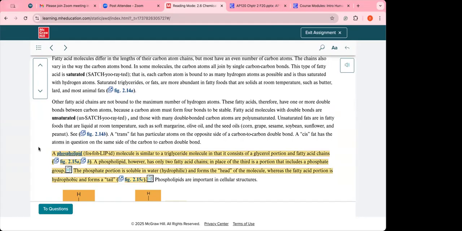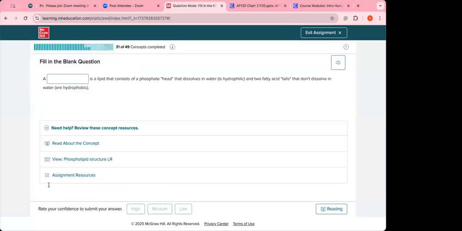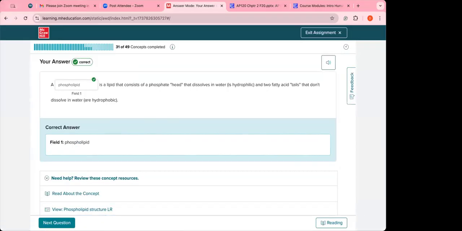A phospholipid has only two fatty acid chains and a phosphate. That's a phospholipid. Nice.